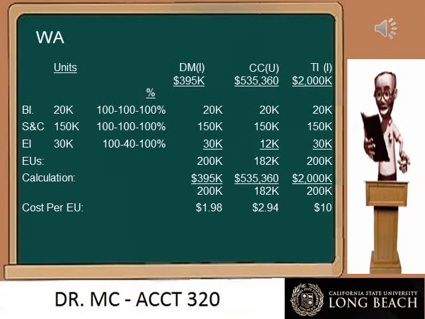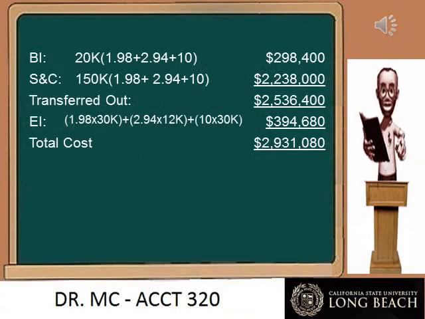You now can calculate the cost to produce each group of units. We have just calculated that one unit that was produced over last month and this month costs $1.98 for direct materials, $2.94 for conversion costs and $10 for transferred in costs, bringing the total cost for one of those units to $14.92. The 20,000 units in beginning inventory therefore cost $298,400.